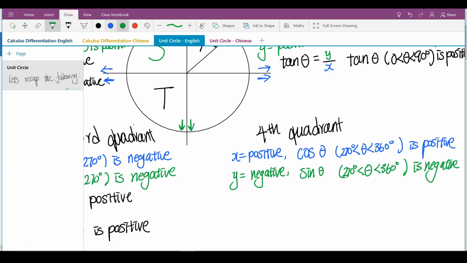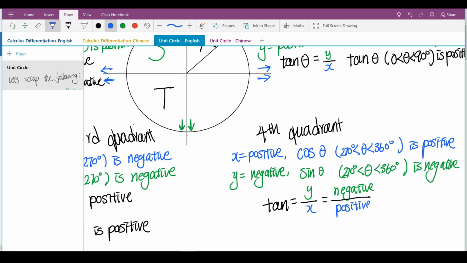As for tan, since tan is equal to y over x, in this case it will be negative over positive.